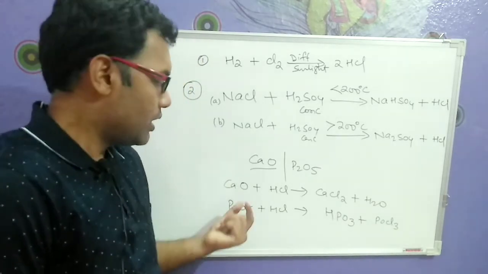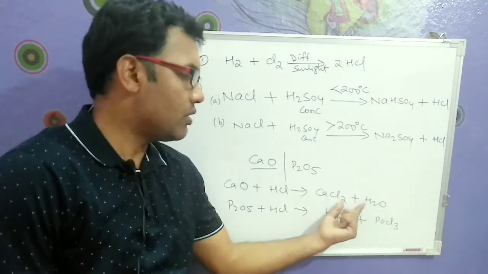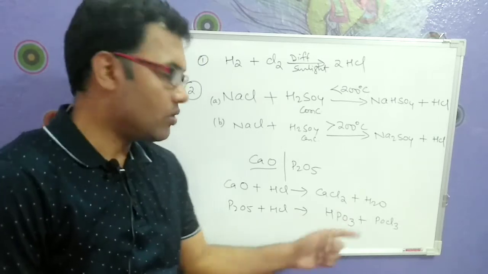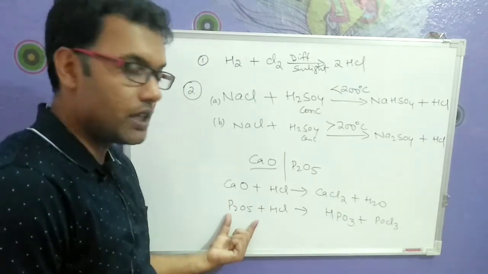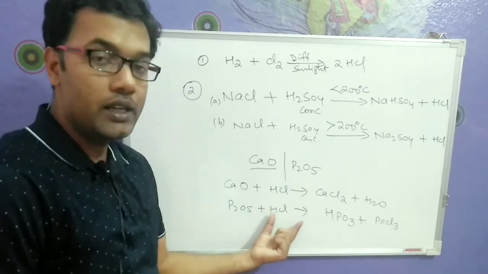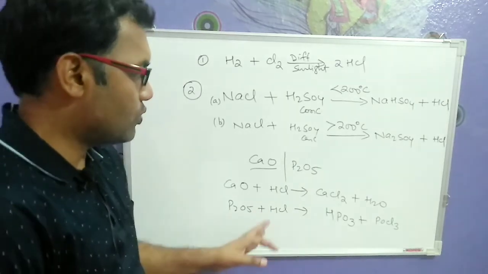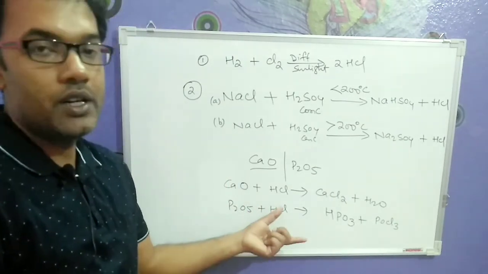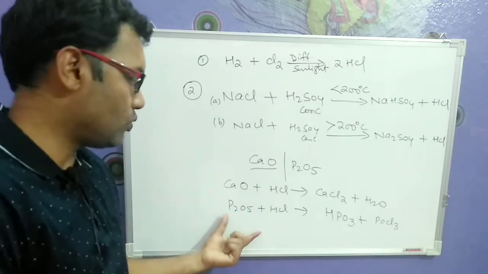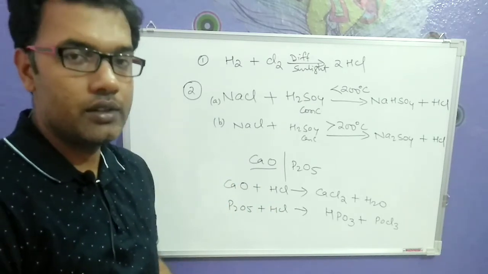Now see here, in both cases the products are different. So we don't use calcium oxide and phosphorus pentaoxide in order to get dry HCl. Now coming to the next point, how will we dry this then? If these two or any drying agent we cannot use, then we have to use a specific drying agent.